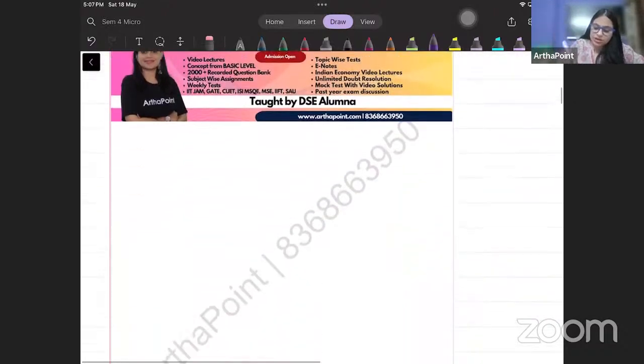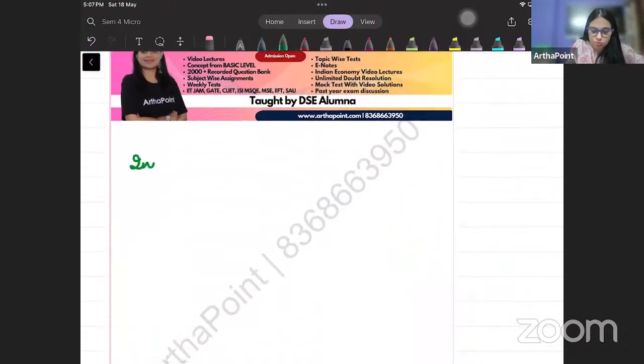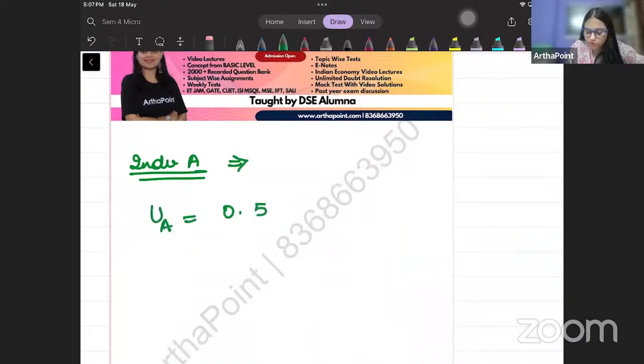Okay, beta. Now let us talk about individual A. Beta, individual A has the utility function given to you as UA equals 0.5 ln XA plus 0.5 ln YA.